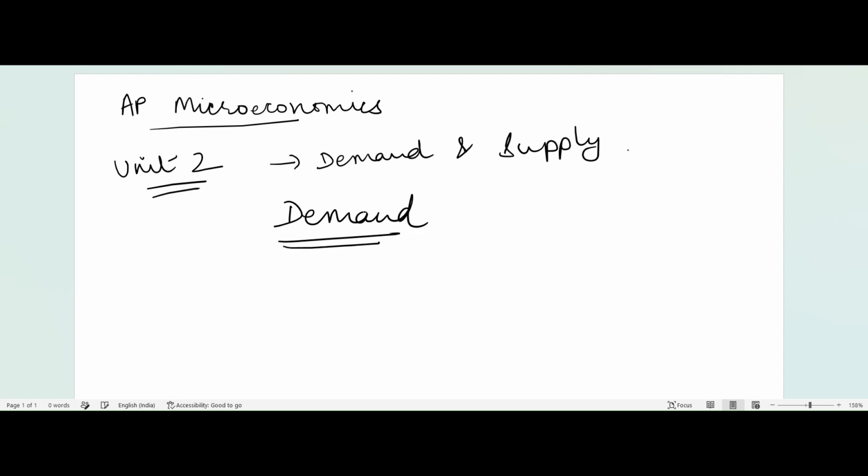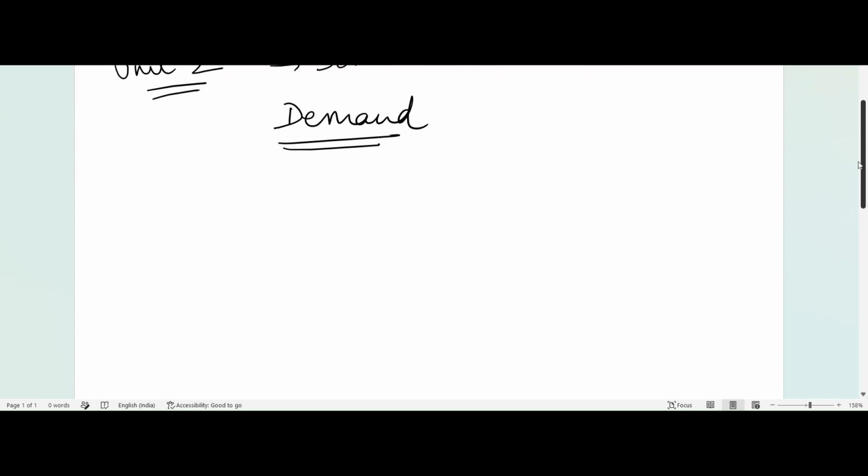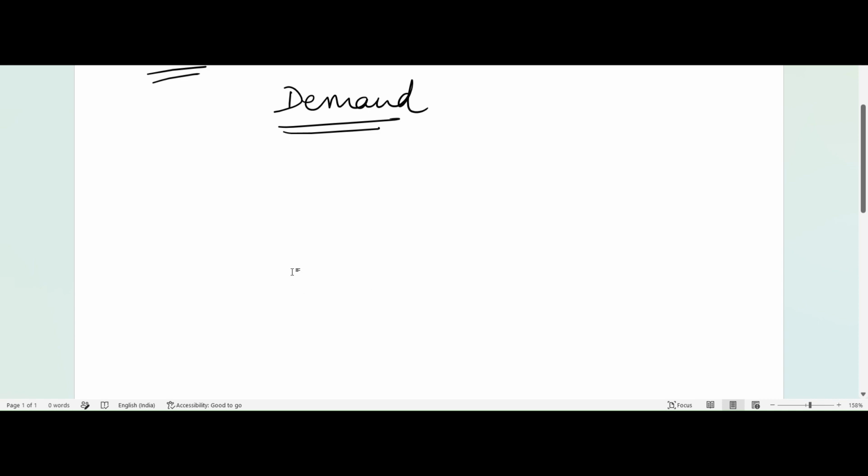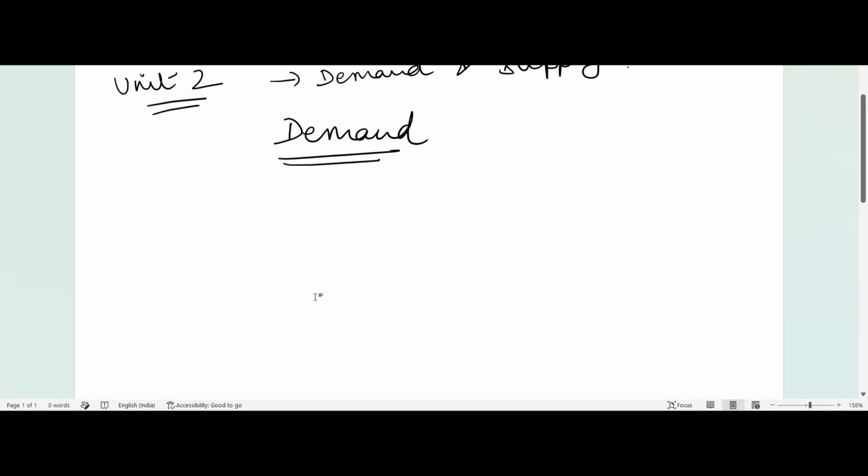So what do you understand by demand? Usually students say that it's what we want or what we need, but I'll give you examples explaining that that's not just demand.